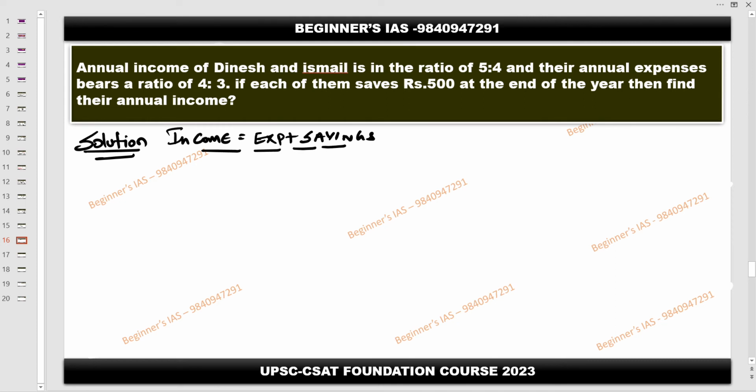So we can take their income as 5x and 4x, and each saves 500.